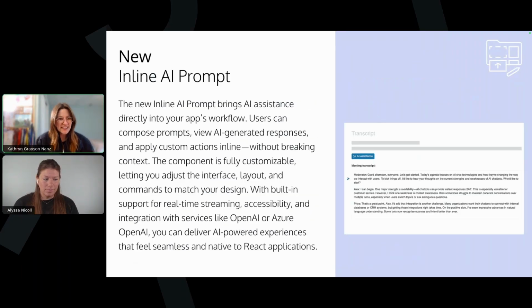We also received the new AI inline prompt, which brings AI assistance directly into your app workflow. So now your users can compose their prompts and get the responses and have that conversational back and forth within your application. I'm trying not to reiterate all the things that I know Alyssa already said, because this component is pretty much the same across React and Angular.